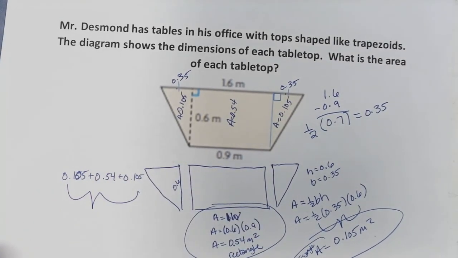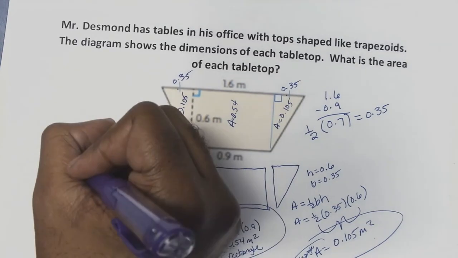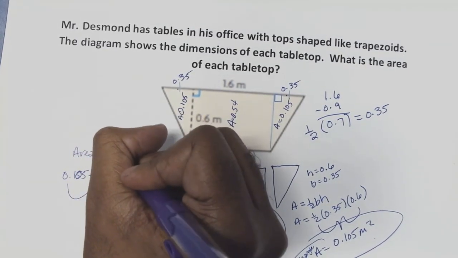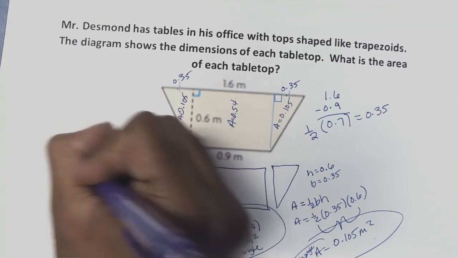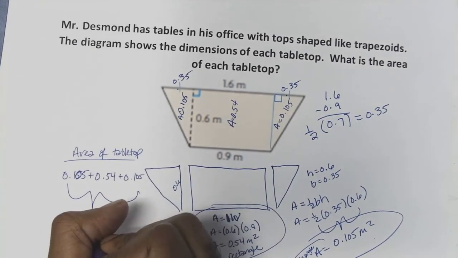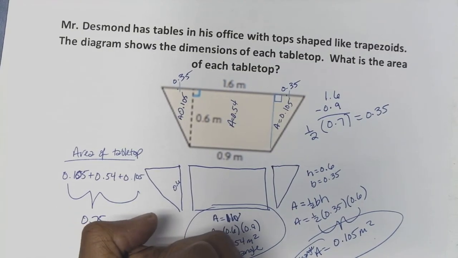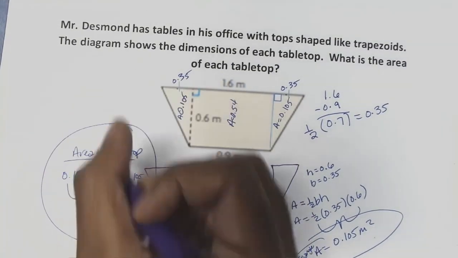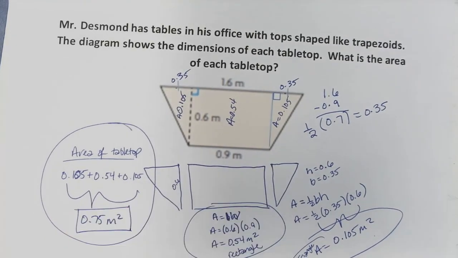That's going to give me an answer of what for the tabletop? Good job. So this is my answer. Woo! Let's do one more, because I think we got this.